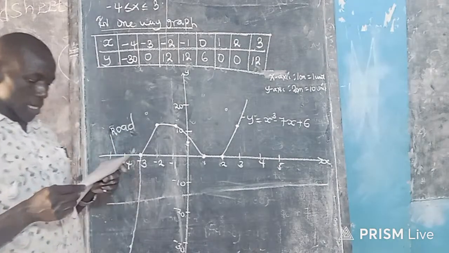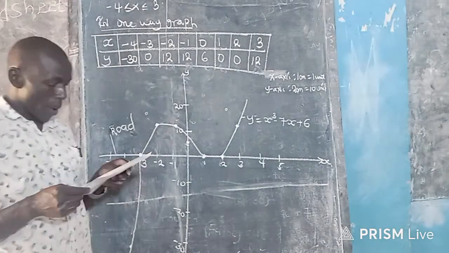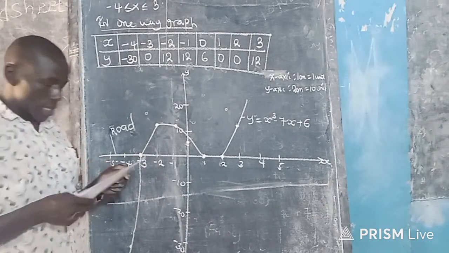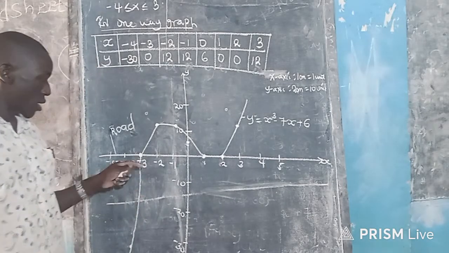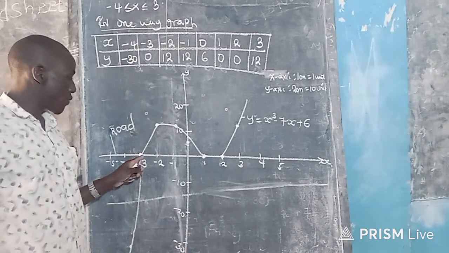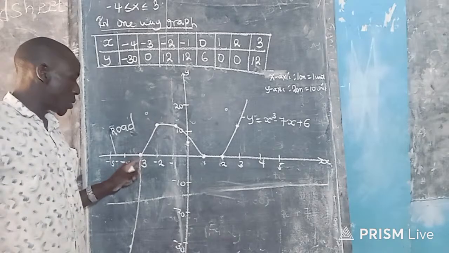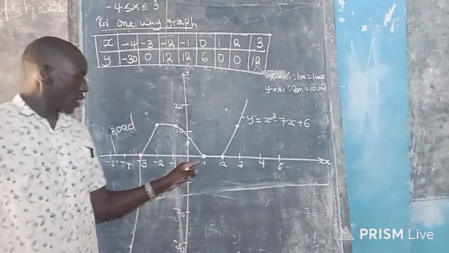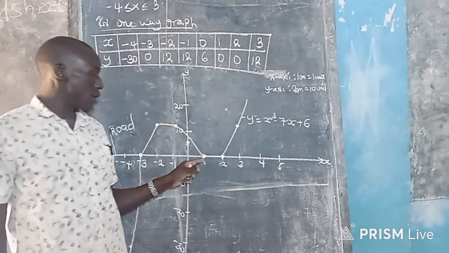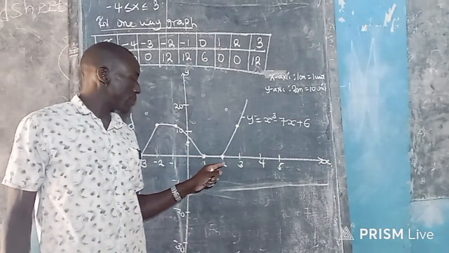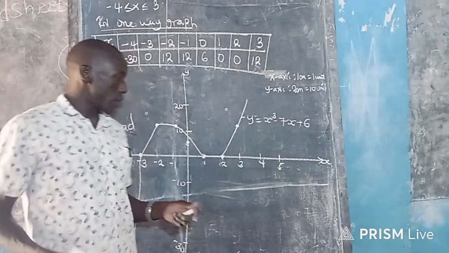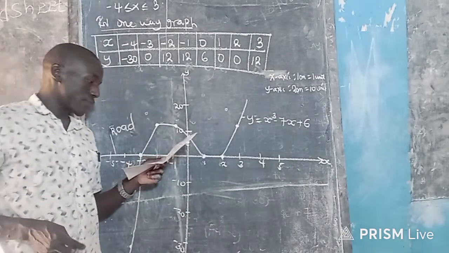Looking at the x-axis, we have 3 points intersecting this road. We have a point at x equals -3, that's the point -3, 0. Another point at x equals 1, that's 1, 0. And another point at x equals 2, that is 2, 0.